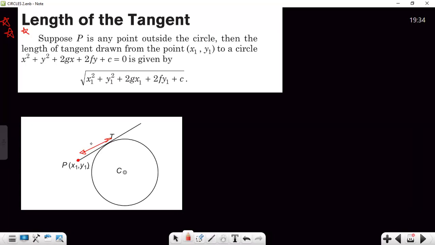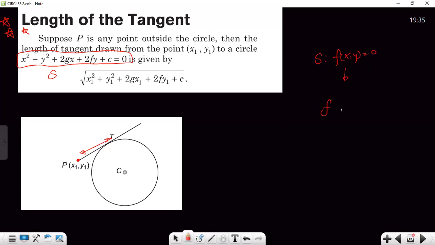So for doing so, what we'll have to do? This is the given equation of the circle S. In S, there is a bivariate function in X and Y; equate that to 0.